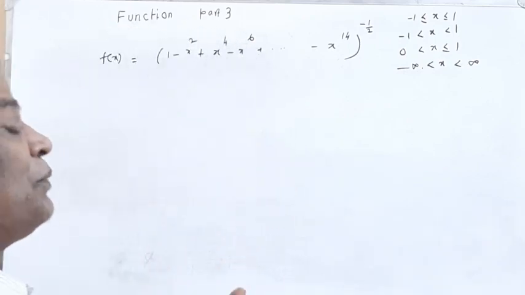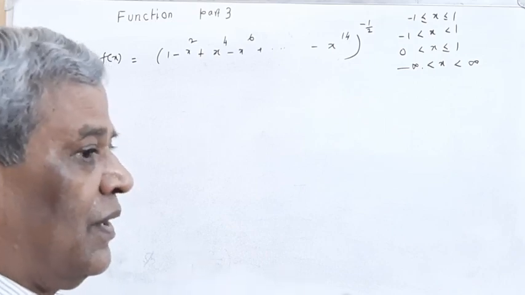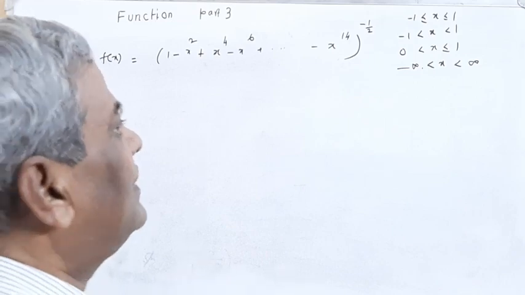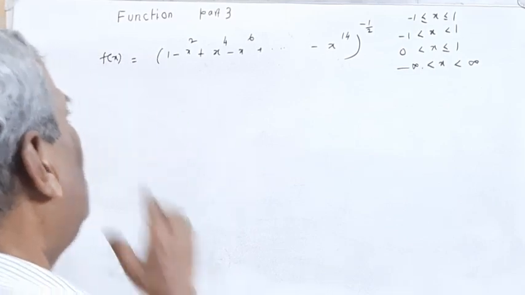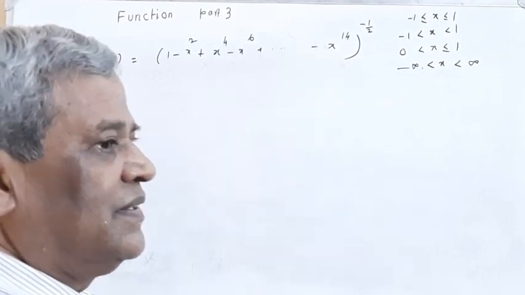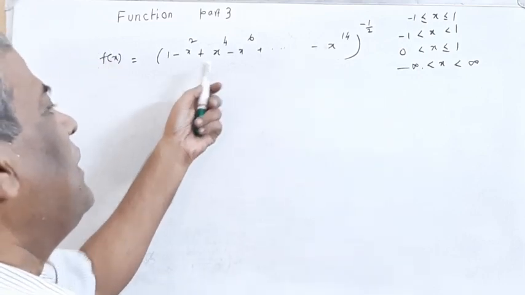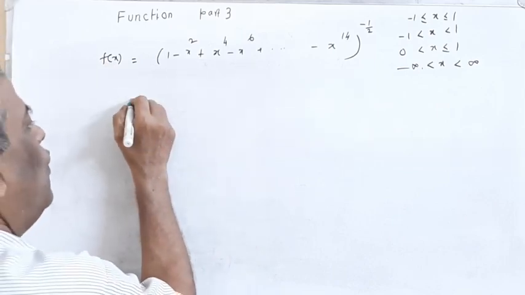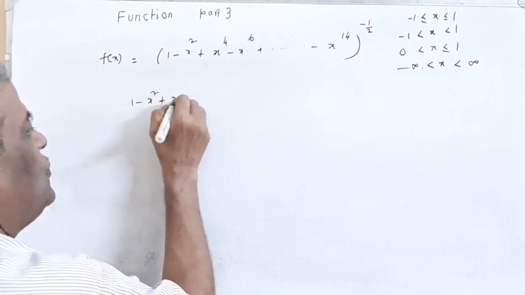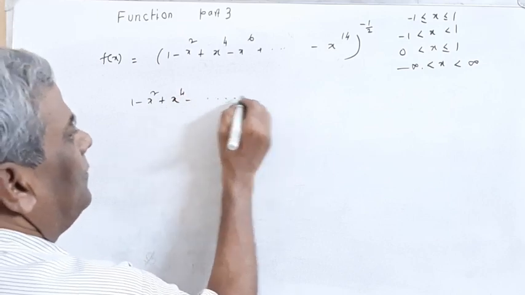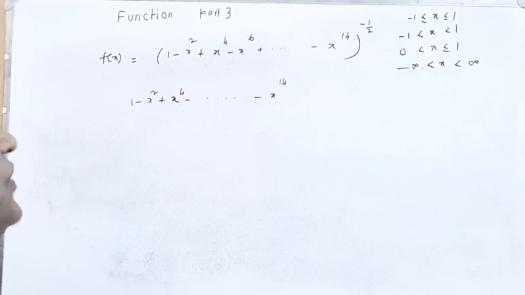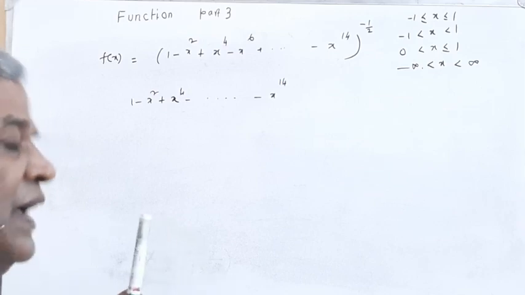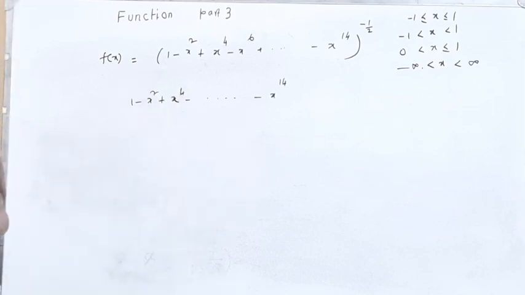So we have to find the domain of definition. Try to remember that domain of definition means the collection of values of x for which the function is defined. For that purpose, we simplify it. Actually, 1 minus x square plus x to the power 4 minus x to the power 14 is a finite series in GP, and the common ratio is minus x square.